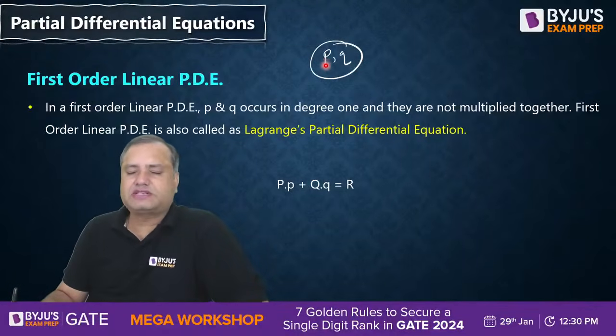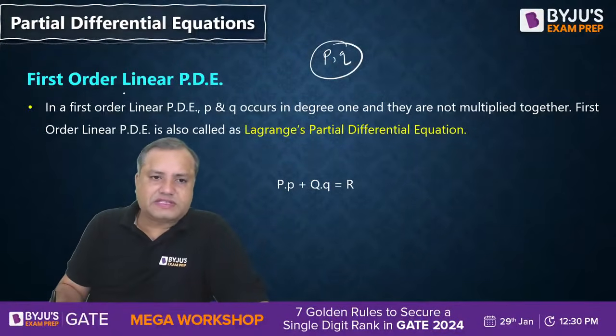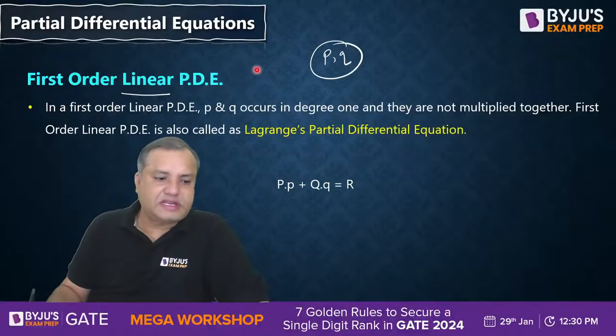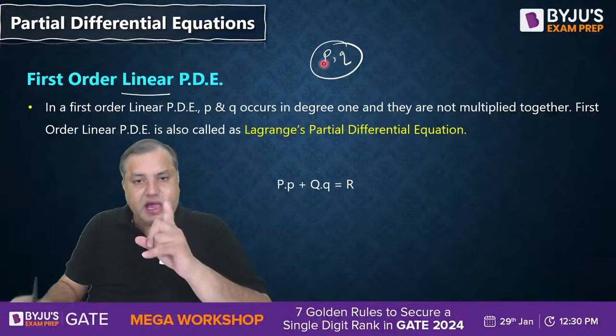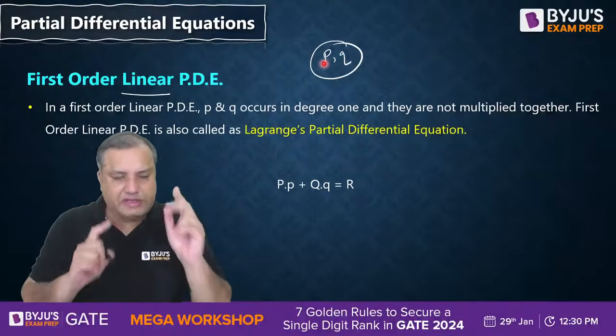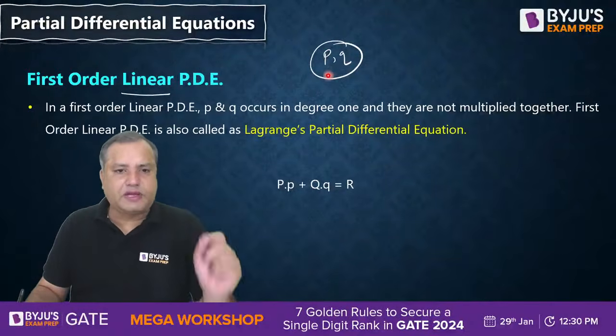P is del z by del x, q is del z by del y. Now, under what circumstances will it be called linear? Listen carefully. Degree of p and q is 1 and they are not multiplied together.